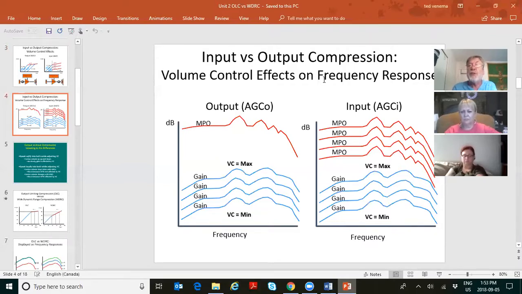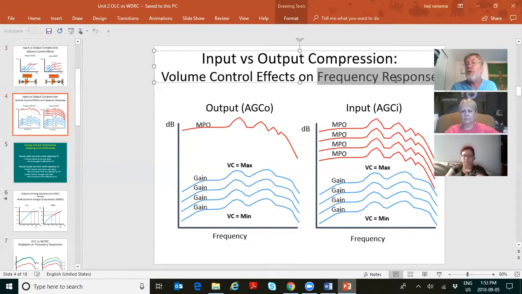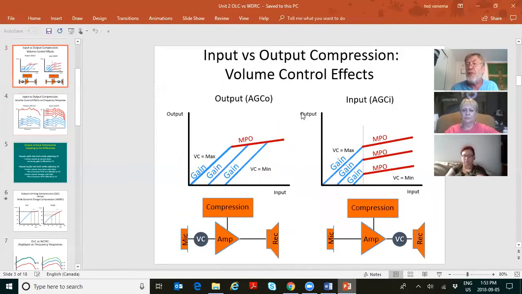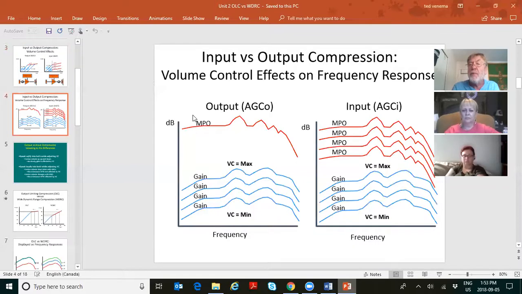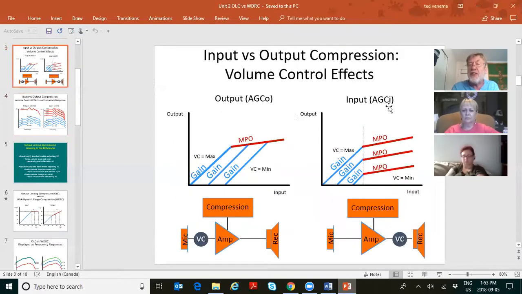So this is showing you in terms of a frequency response, and the previous picture is talking about the very same thing in terms of input-output functions. On the left is always AGCO, on the right is always AGCI, and it was just to tell you that there were different effects with the volume control that were built into analog hearing aids. Today, this all happens automatically.